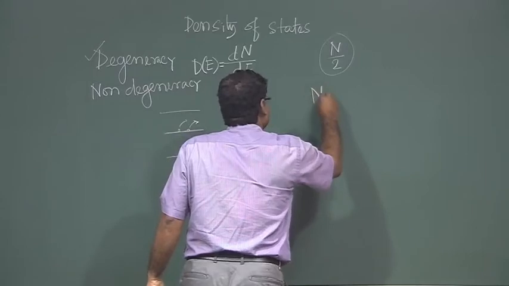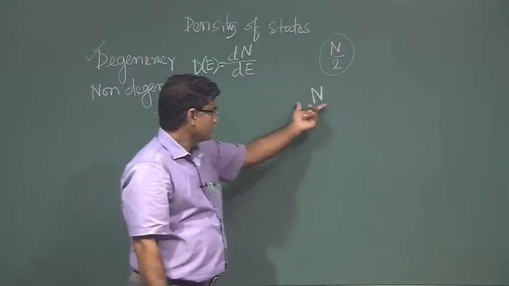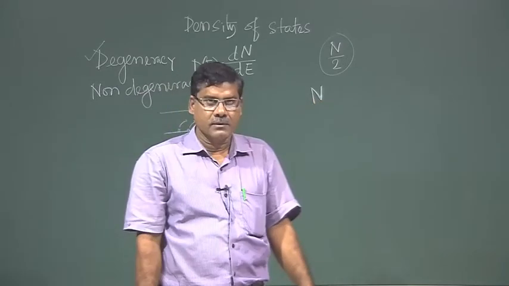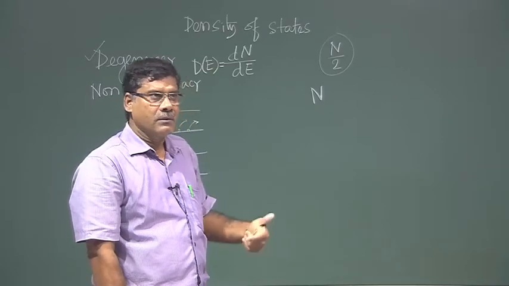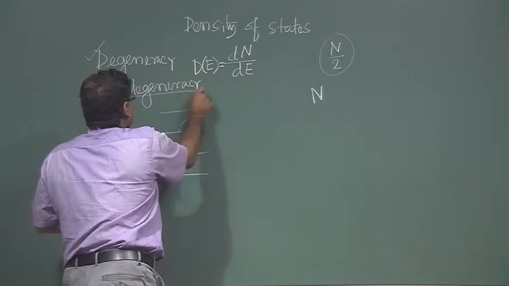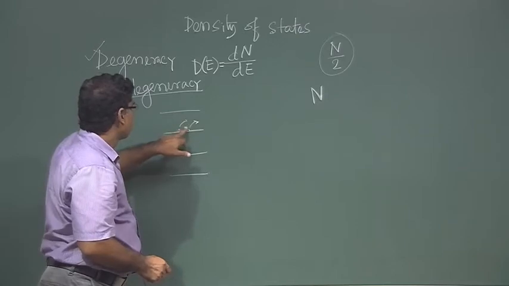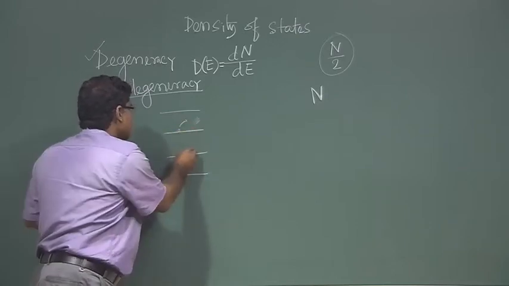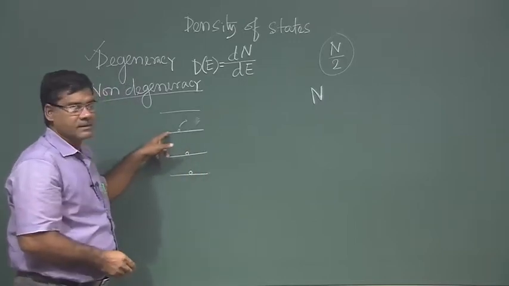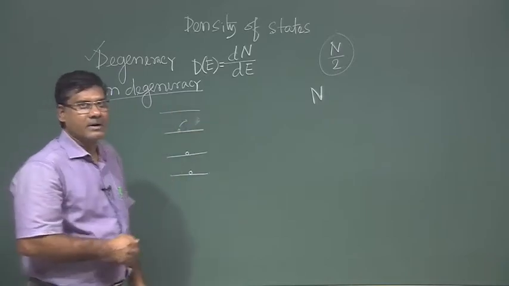So, the quantum number will be different for each electron and for each level, although the energy may be the same. When the energies of electrons are different in different states, then we say it is non-degenerate.